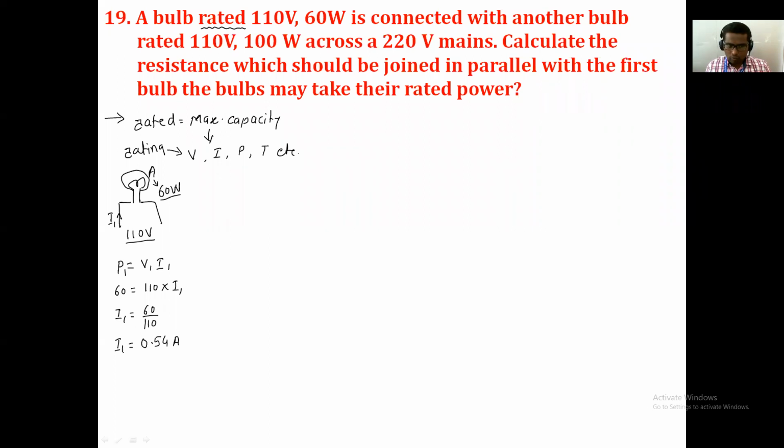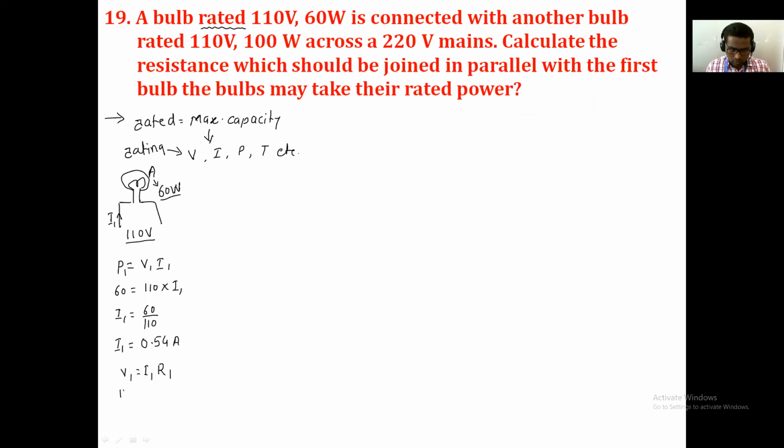Now how you can calculate the resistance of this lamp or bulb? You have that value of current, you have that value of voltage, apply Ohm's law, or you have another formula for the power, P is equal to V square by R. You can select any one of that formula and calculate the resistance. I use Ohm's law here. I say that V1 is equal to I1 into R1.